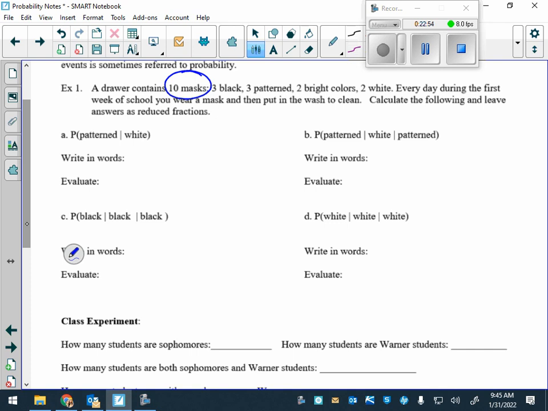Probability of selecting a pattern mask, given that you already selected a white. Now, how would I evaluate it?